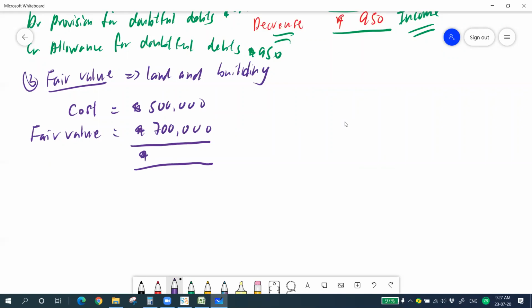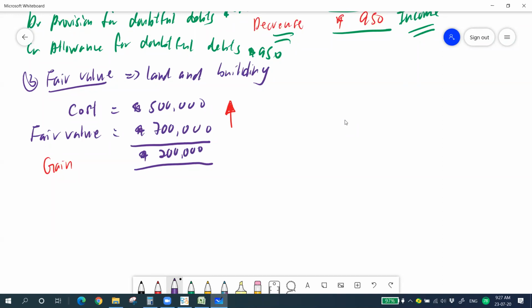Yes, we record a gain on the revaluation, right? Why gain? Because the amount goes from 500,000 to 700,000, the value increased. And then the gain is 200,000.